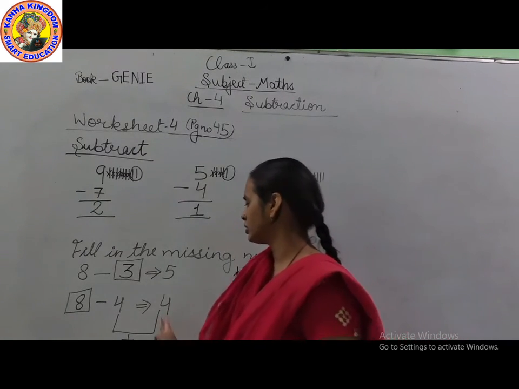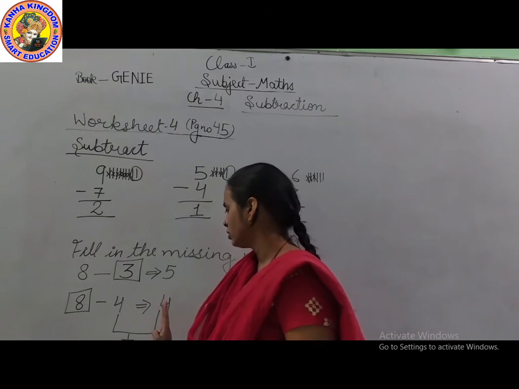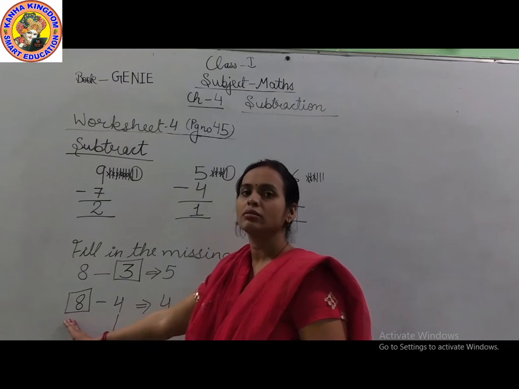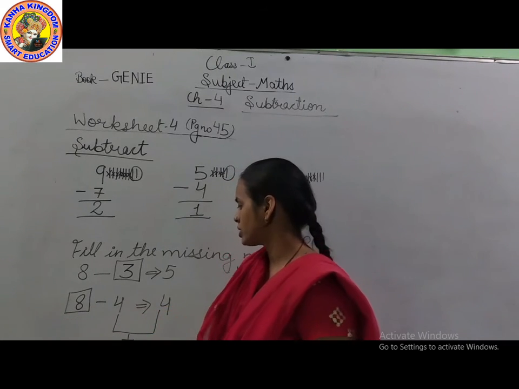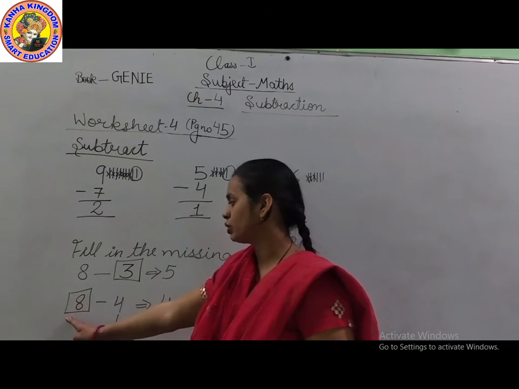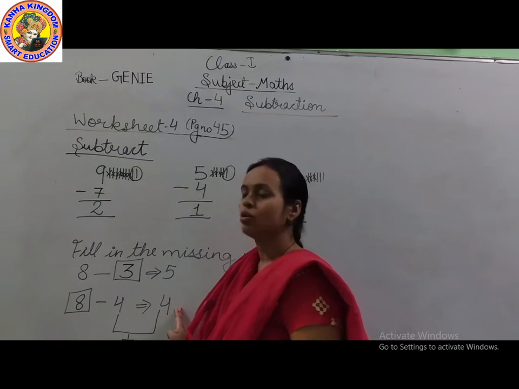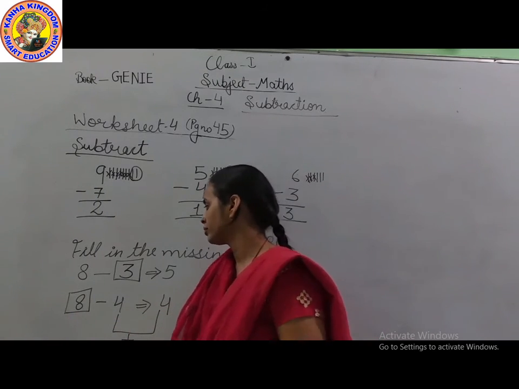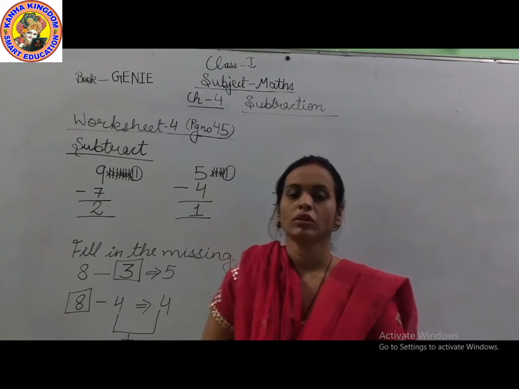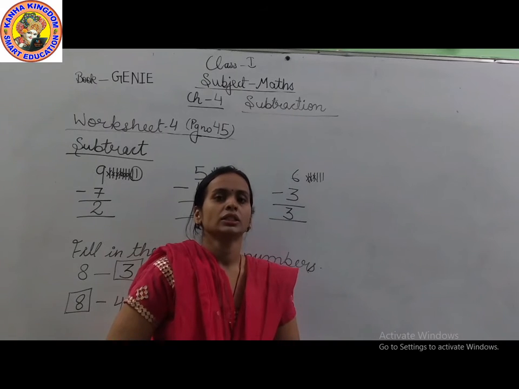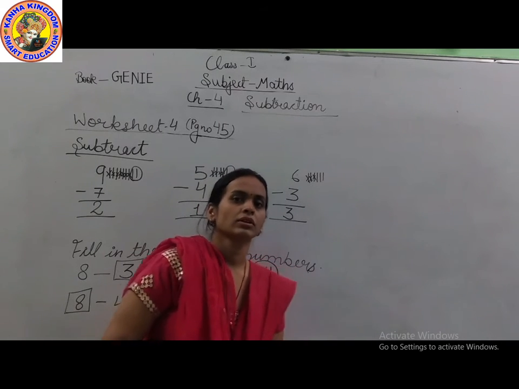Or easy method is you have to add this number and this number to get our missing number. Okay, so 4 plus 4 equals 8. 8 minus 4 equals 4. Okay. Now rest all the questions of worksheet 4, do yourself.